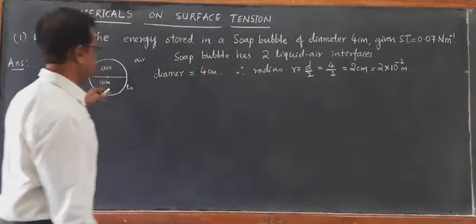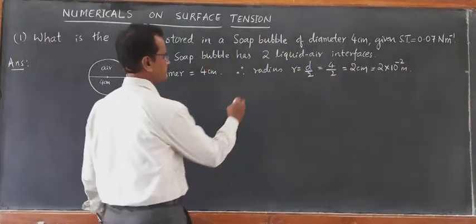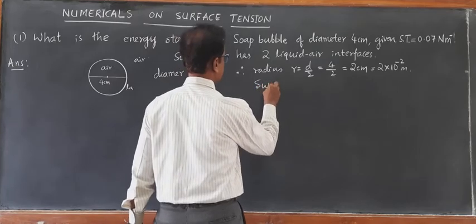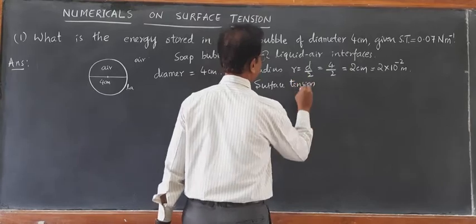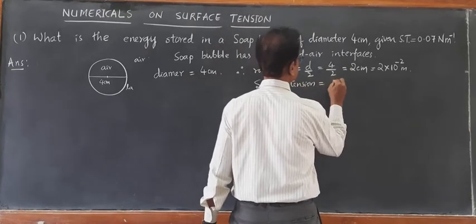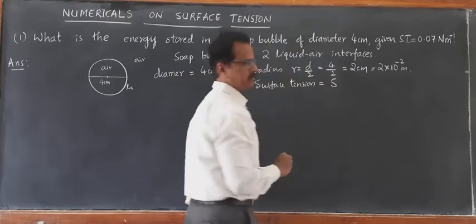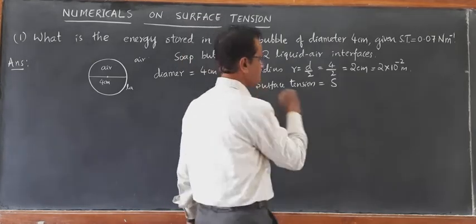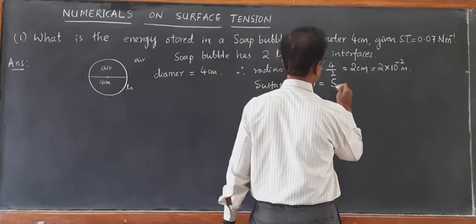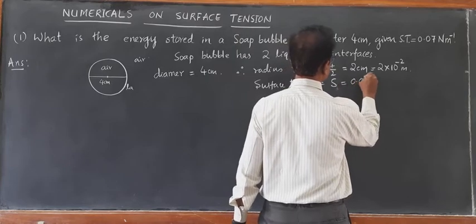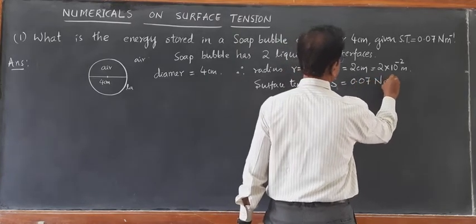Now the surface tension of this liquid is given. Surface tension is equal to S. We have written it as S, or SLA for example, or just write it as S. S is equal to 0.07 Newton per meter.